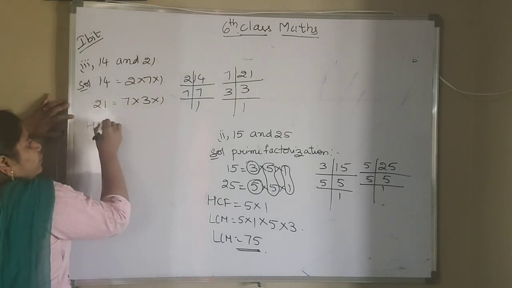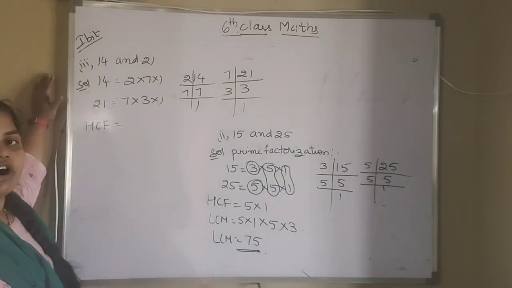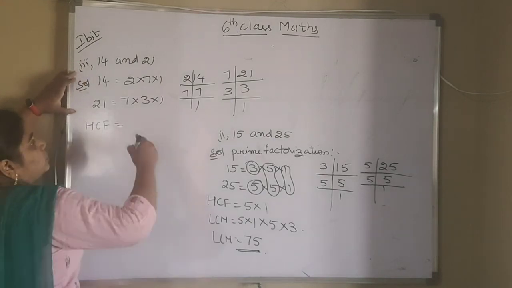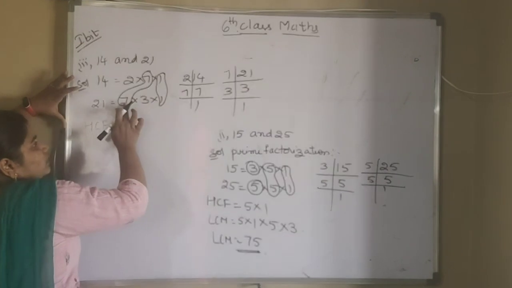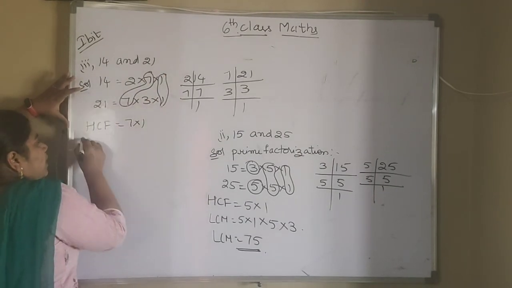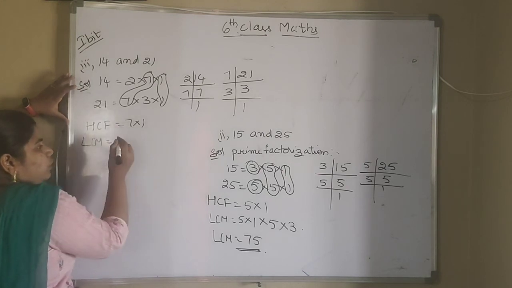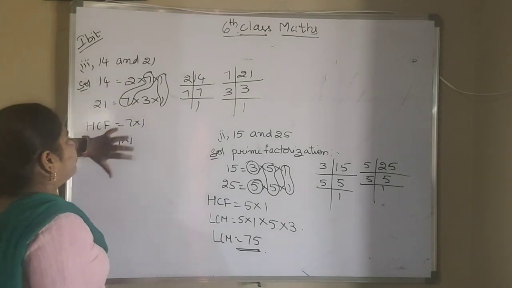So first we have to find the HCF value. What is HCF? Taking the common factor in both these terms. Okay, so what is the common value? 7, 1. So I am writing this 7 and 1 here. And now I am finding the LCM. For finding the LCM, this 7 into 1 I have to write as it is, and the remaining numbers you have to multiply here.